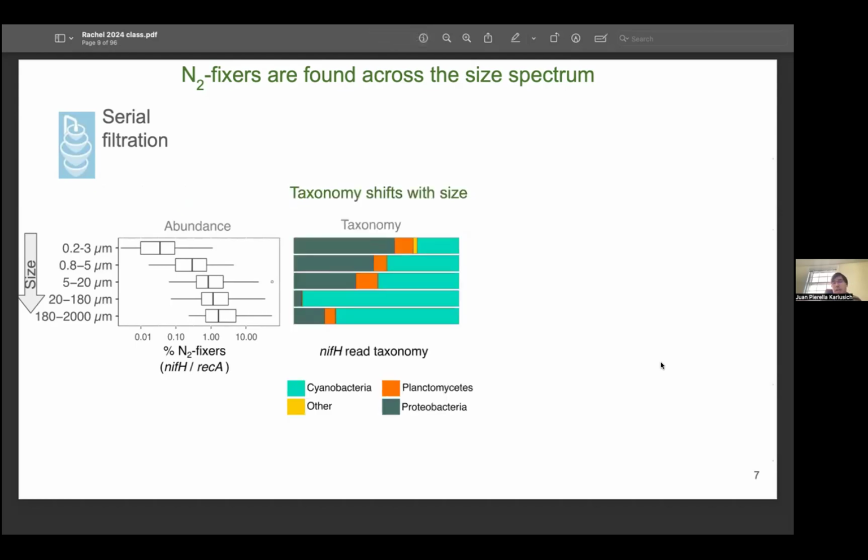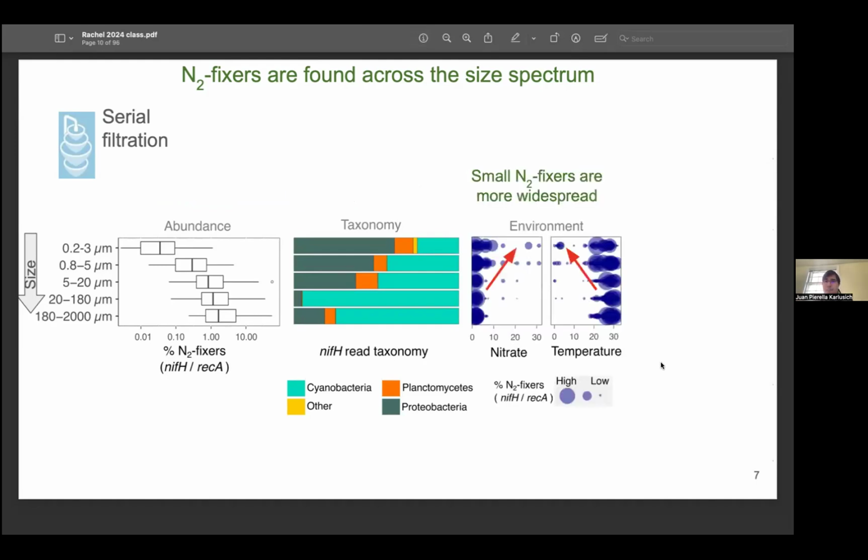There is also a shift in the taxonomy with size: the smallest size fraction is more enriched in proteobacteria, whereas the larger size fraction is more enriched in cyanobacteria.